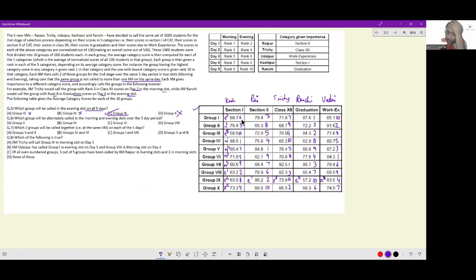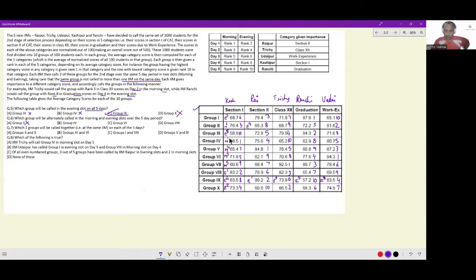I'll have to write down which day where. Day 4 evening. Okay. Day 2 morning, day 4 evening. This wouldn't work because they're saying alternately called in the morning and evening slot. So day 2 and day 4, whether it is morning or evening, that has to be copied. That this cannot handle. This cannot be possible. So group 2 is gone.